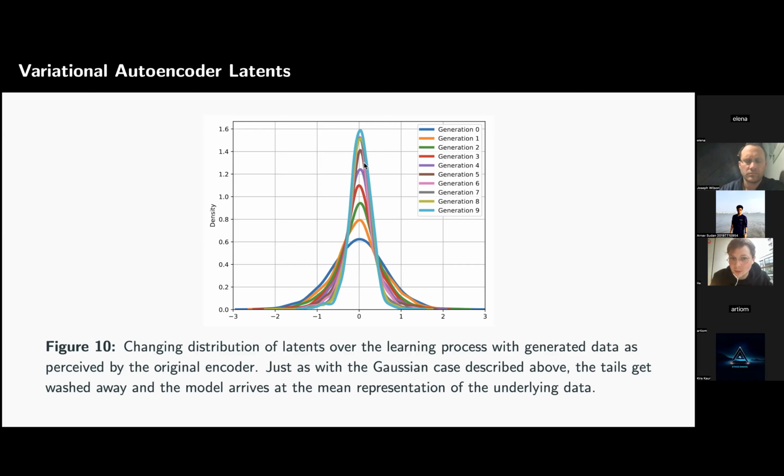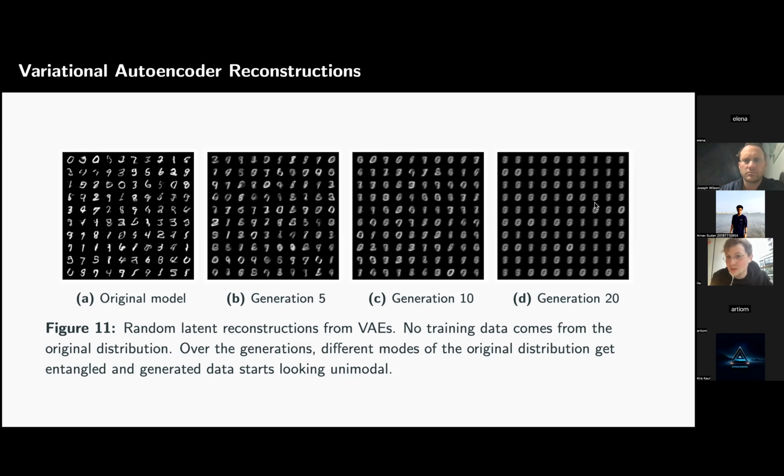Then by generation 20, they all converge into a mesh of all the representations fixed together, and all of the original variants, i.e. all of the original data points, are practically gone. Those models are absolutely unusable, and they do not understand what reality looks like, although on average they kind of look like images, like zeros with a little bit of noise inside of them.